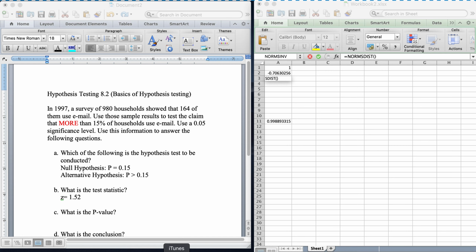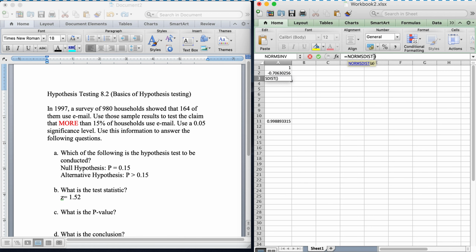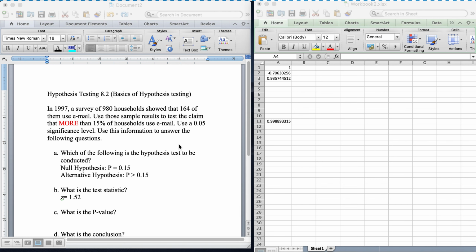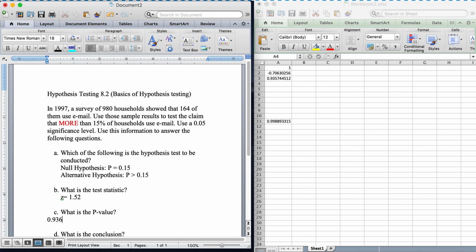It seems that it kind of went weird, but I do use normal distribution, and 1.52 gives me 0.936 because it does say to round to 3 decimal places. But to actually get the p-value, you have to subtract that from 1.